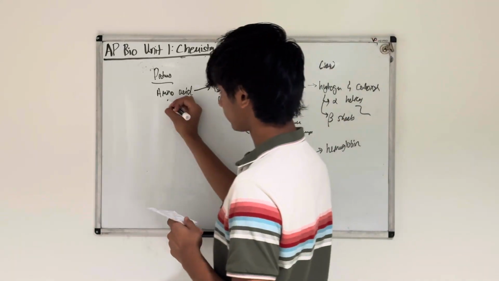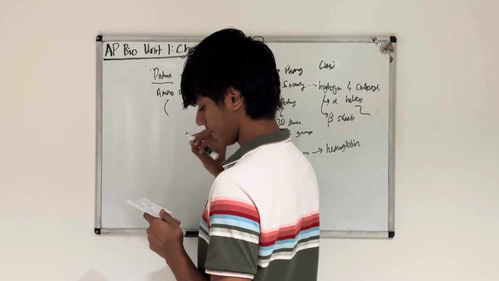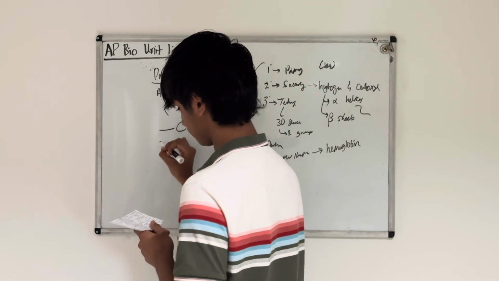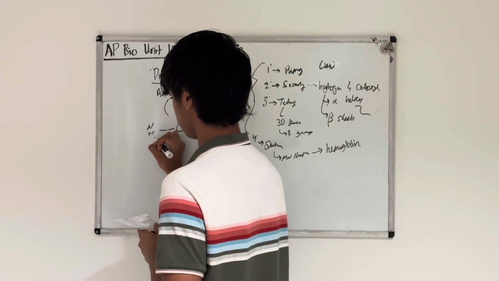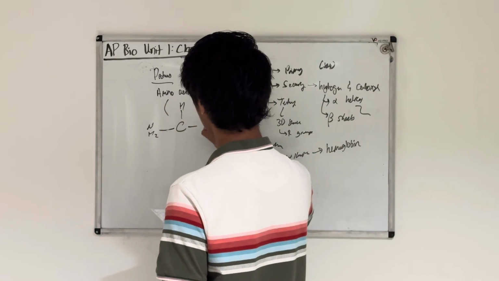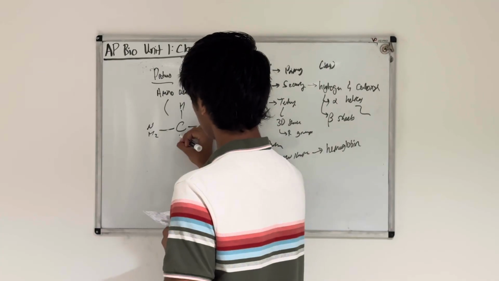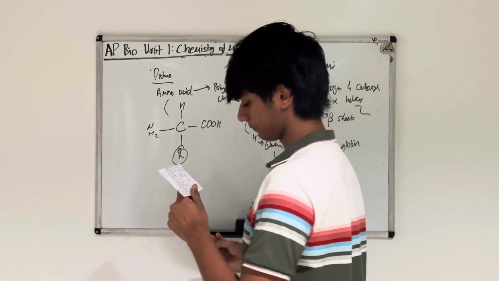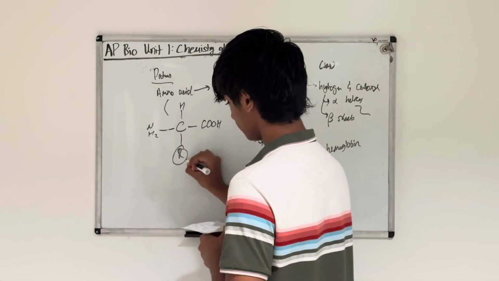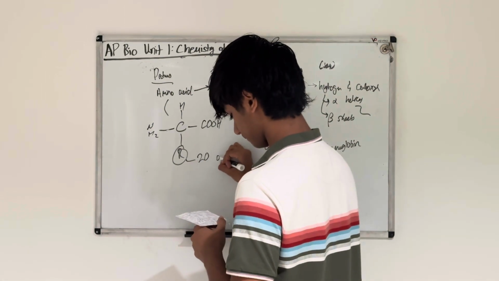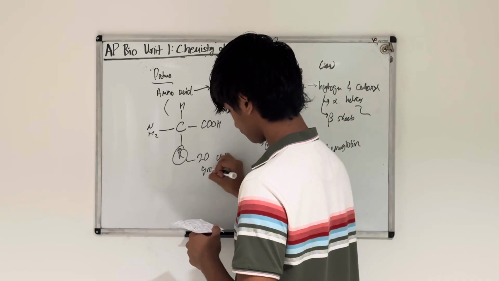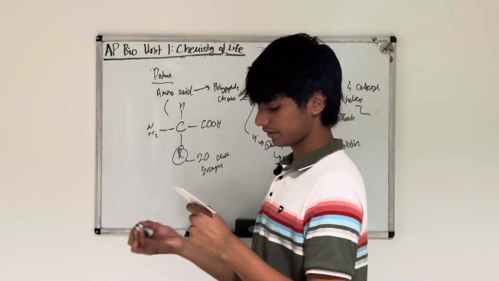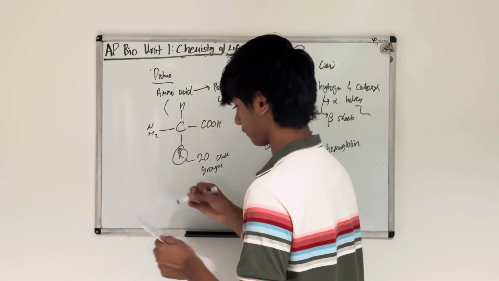The main structure of an amino acid is a central carbon connected to a hydrogen, connected to an amine group, so NH2, connected to a carboxyl, so COOH, connected to an R group. This R group is what makes every protein different and varied. There are 20 different groups, and depending on what the group is, it changes its behavior, polarity, and how it folds.